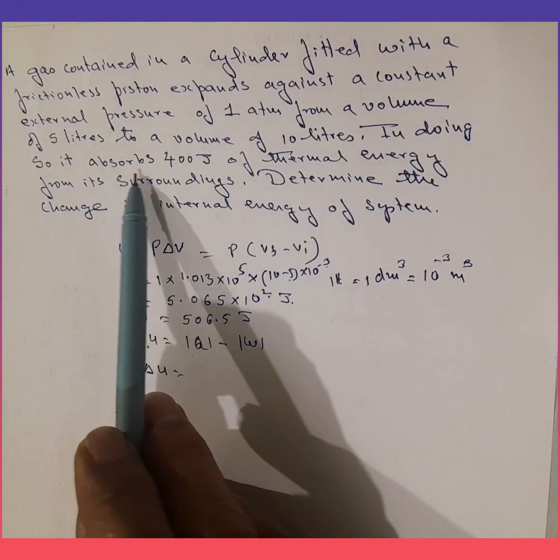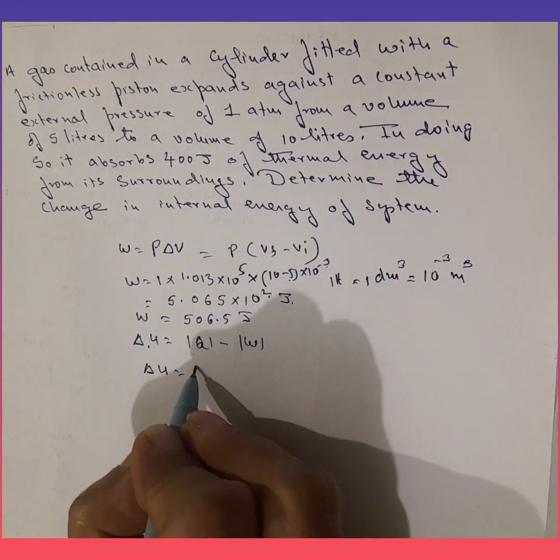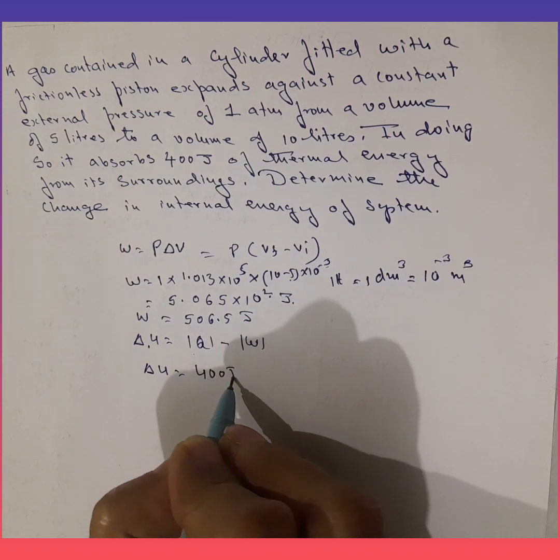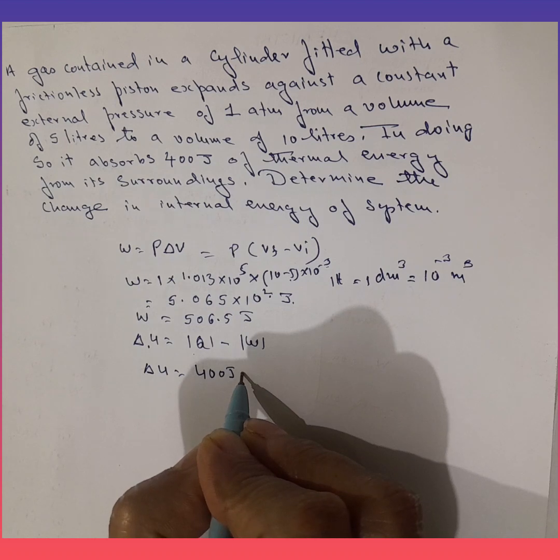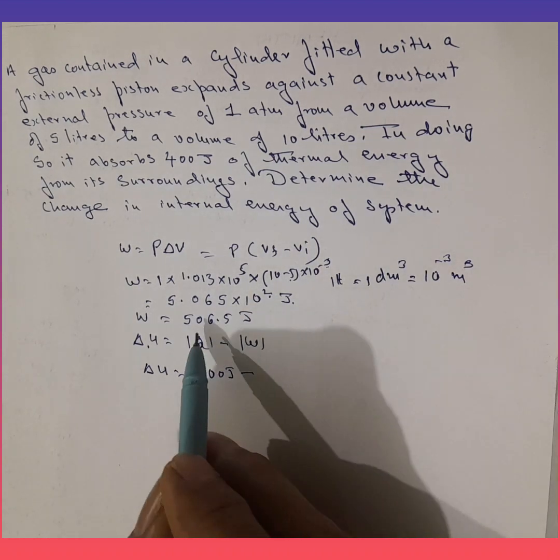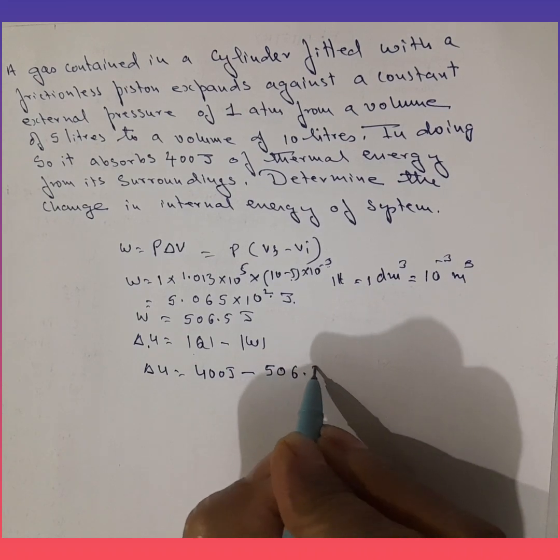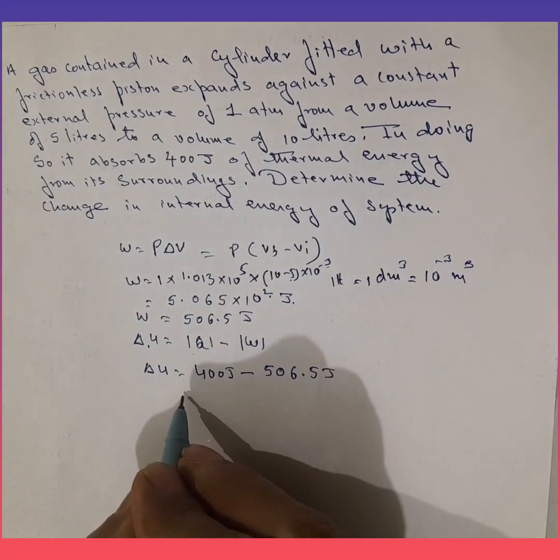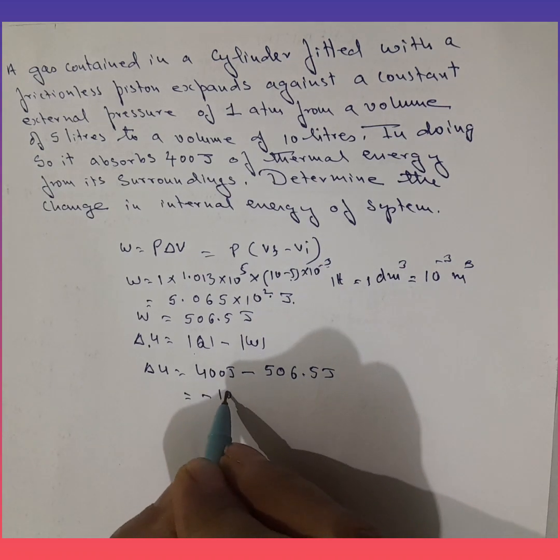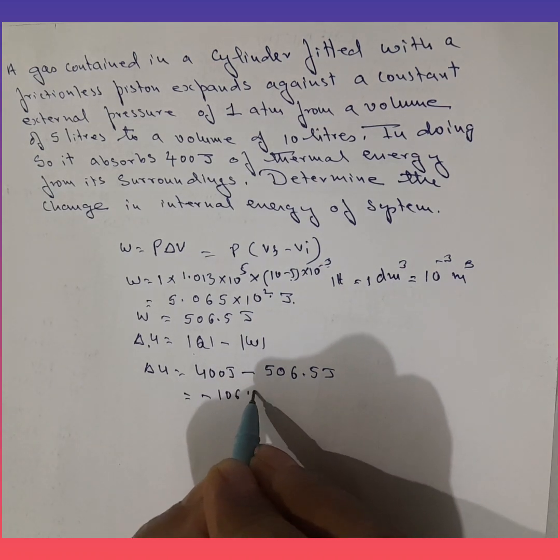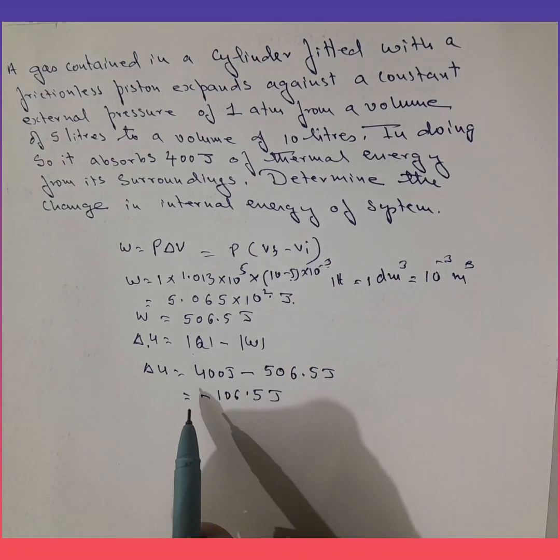In doing so, it absorbs 400 joules. Alright, so 400 joules is the amount of energy that has been absorbed minus work. That's what we found out. It is 506.5 joules. So we end up with minus 106.5 joules. Alright, so this is what is our solution.